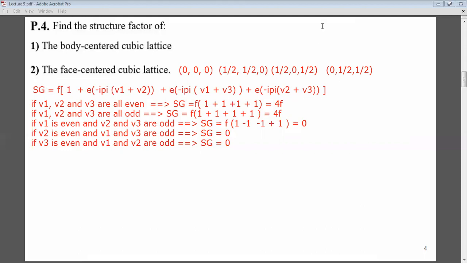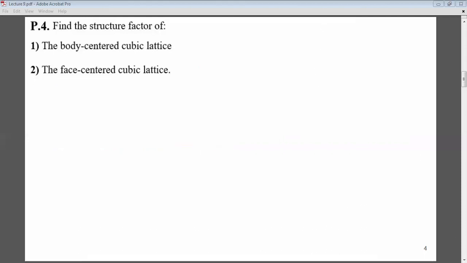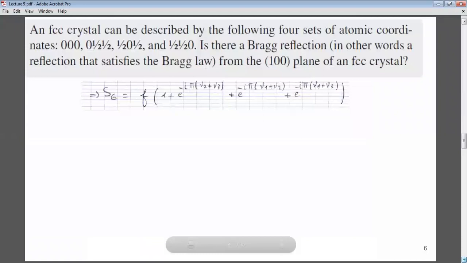Okay, we have to move to another exercise. An FCC crystal can be described by the following 4 sets of atomic coordinates: 0, 0, 0; 0, half, half; half, 0, half; and half, half, 0. That's what we did in the previous exercise. Is there a Bragg reflection, in other words a reflection that satisfies the Bragg law, from the 1, 0, 0 plane of an FCC crystal?